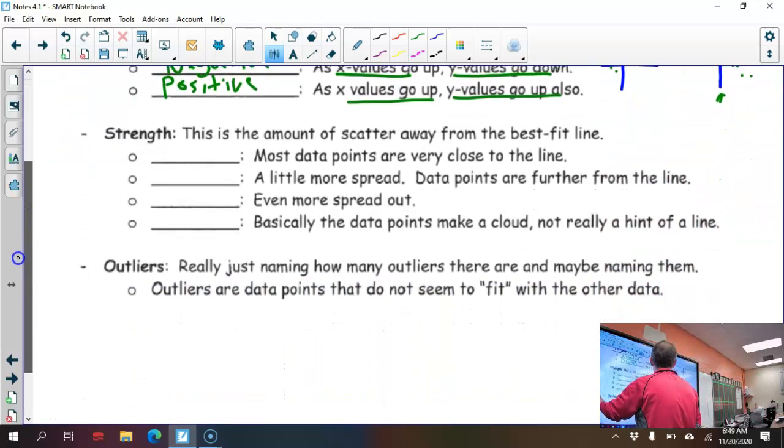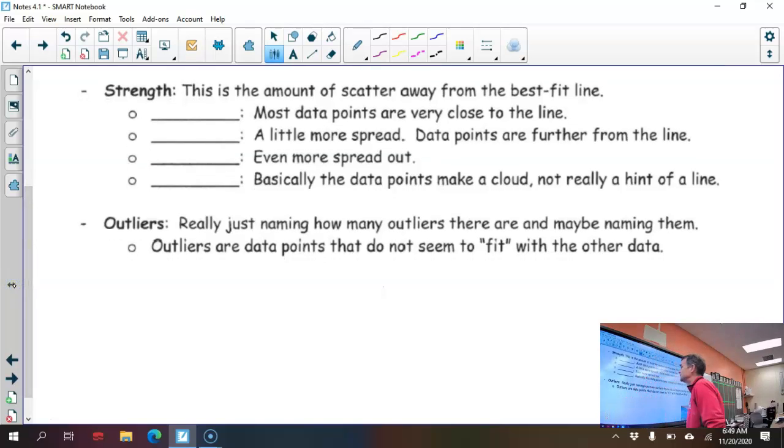All right, the next one is strength. This is the amount of scatter away from the best fit line. I'm going to do some examples of this in a second after I do outliers. But there might be four ways we talk about this. If most data points are very close to the line, that would be a strong relationship.